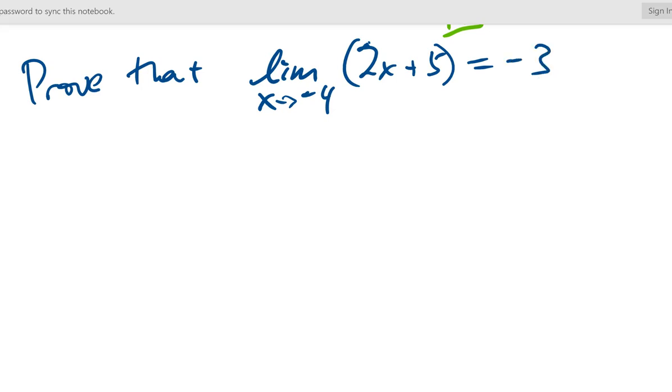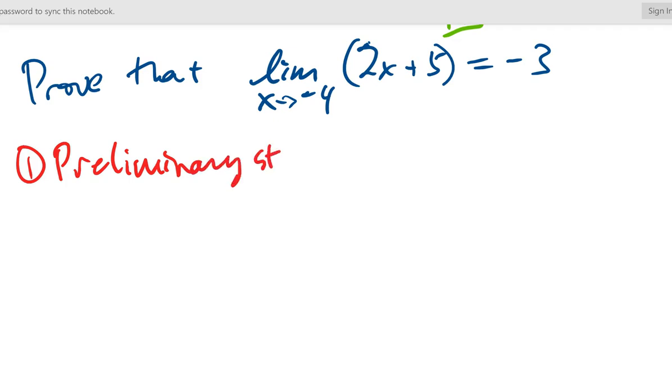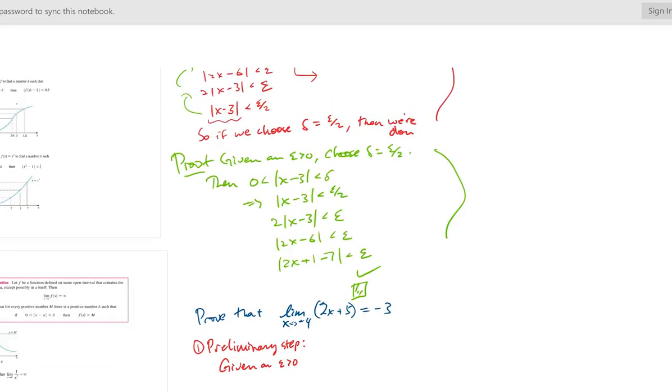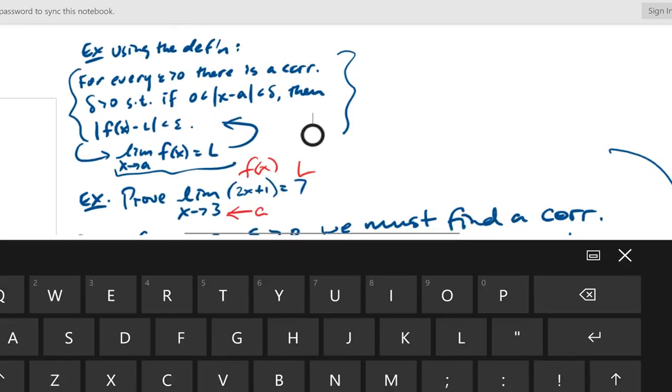Okay, so first step is the preliminary step. So the preliminary step says we're given an epsilon greater than 0.